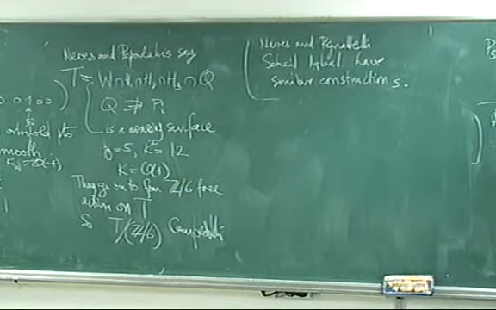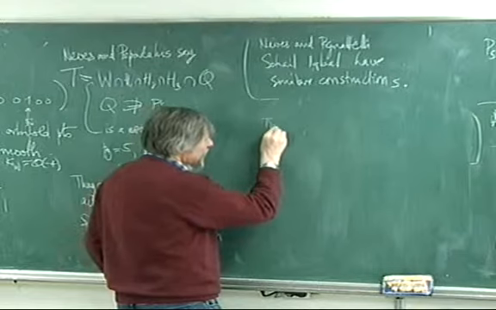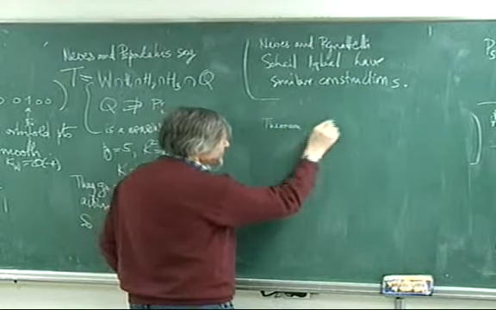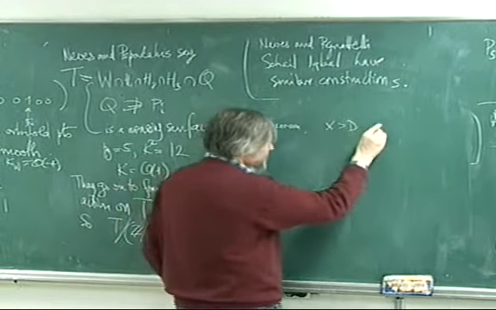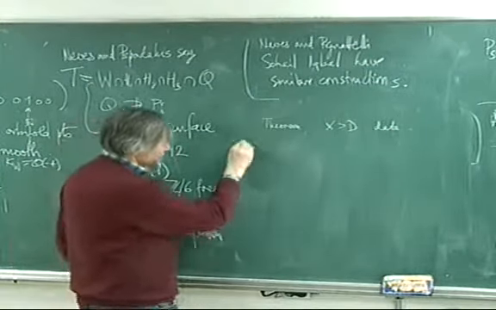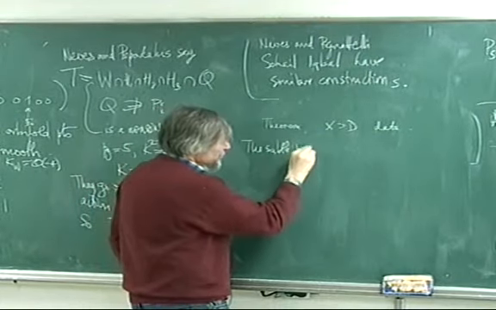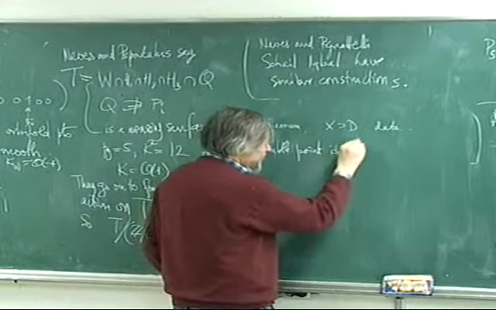So look, I want to emphasize one point here, which is there was a theorem, you remember, and the theorem had this X and D in its data, right? And the subtle point is not the theorem, it is how to set up the data.